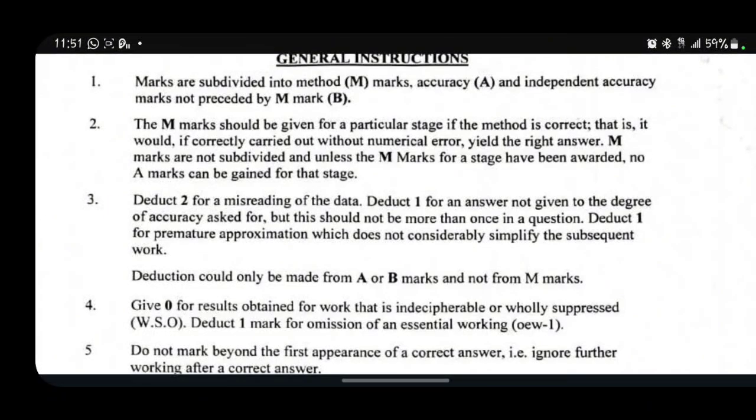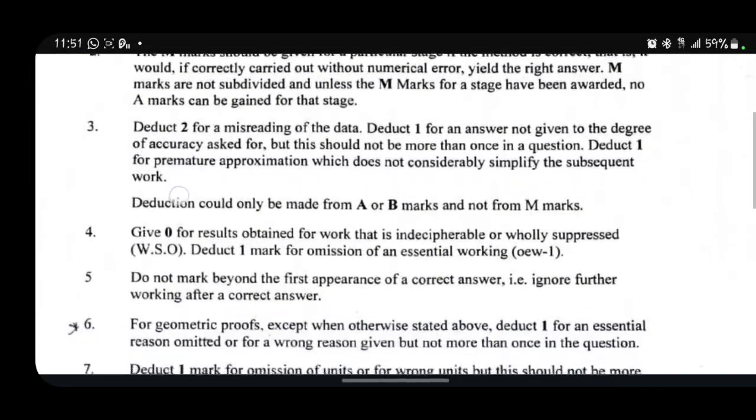You can see number three, deduct 2 marks for a misreading of the data. Now you may be given so many data, like in statistics, the data you are given. If you misread any of the data, that's a loss of 2 marks.